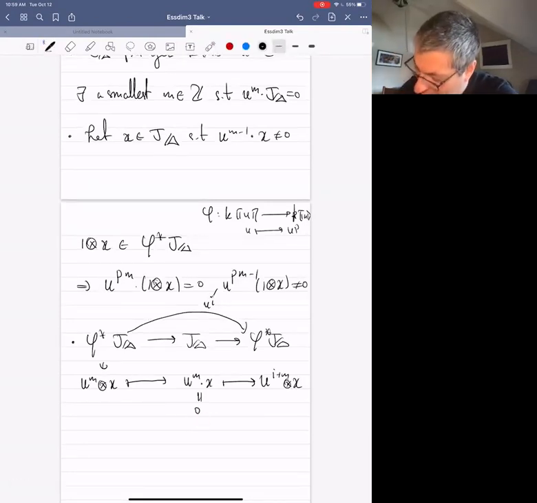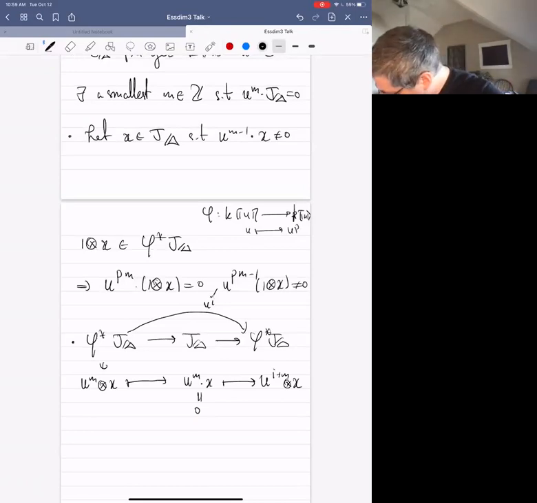So what's the point of looking at this map, which I already know is 0? I set it up to be that way. Well, I know this guy can't be 0 unless the exponent here is at least p times m.